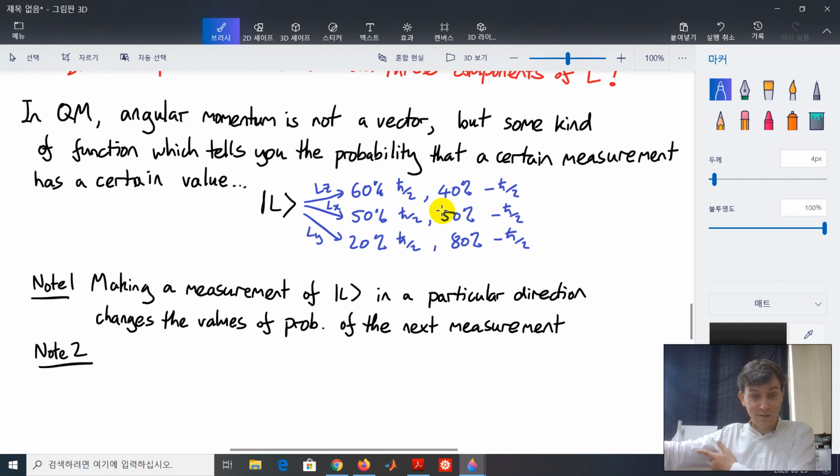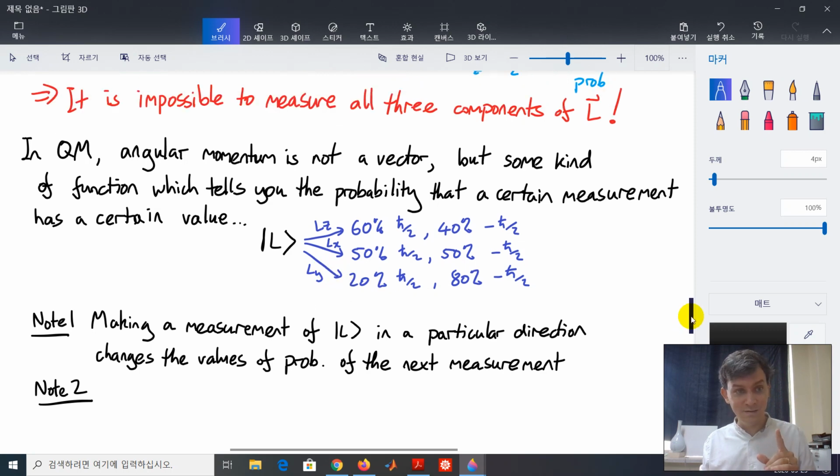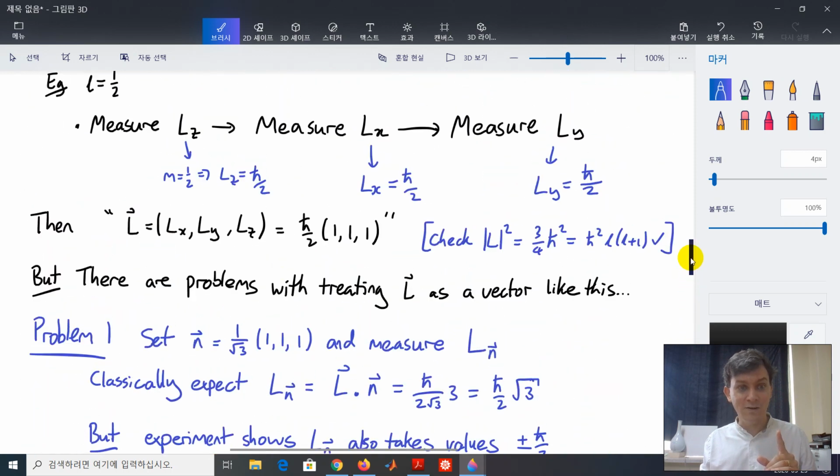And the second note is that just like in problem 1 above, you cannot measure all 3 components with 100% probability.